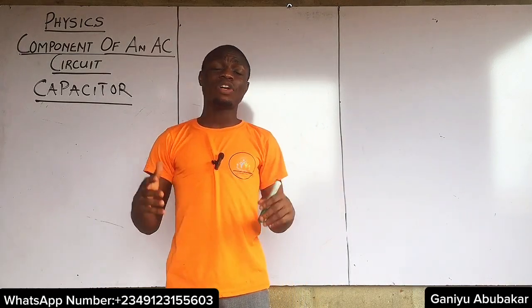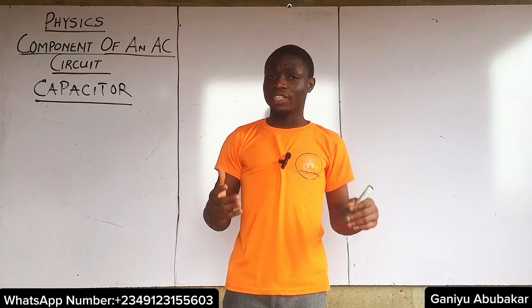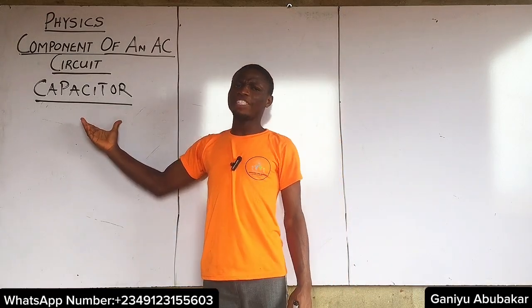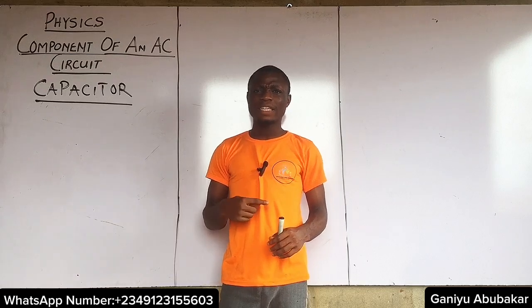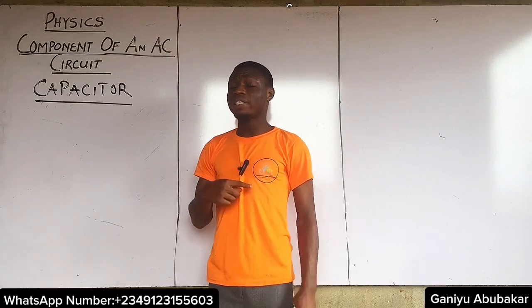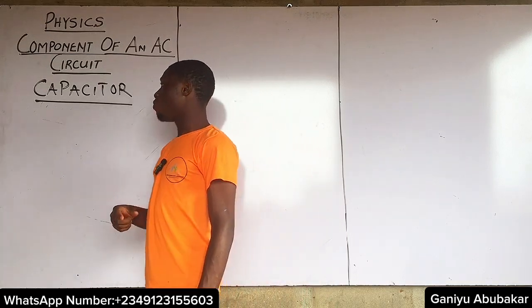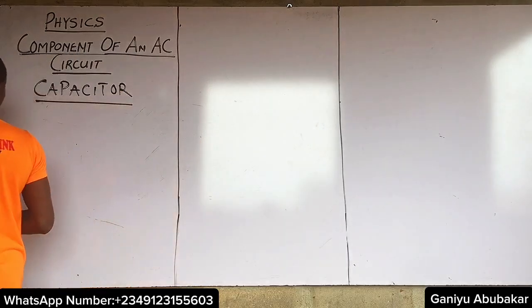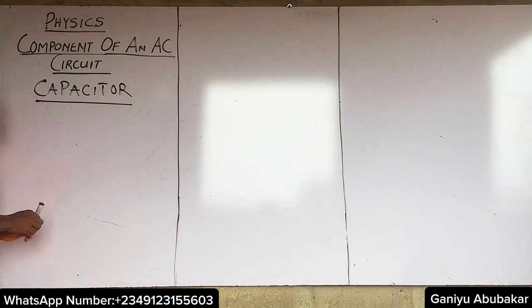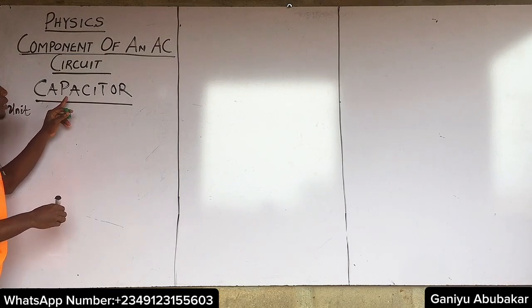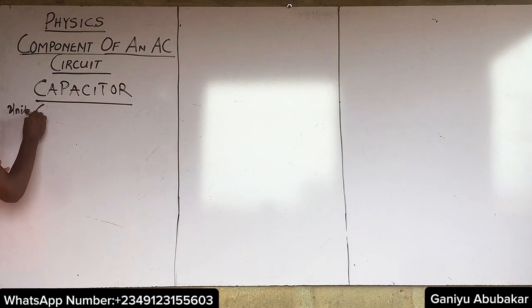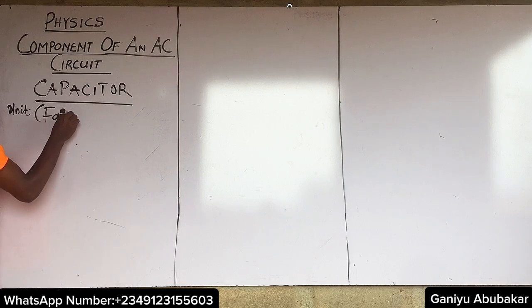When it comes to the study of capacitor, note that the capacitance of a capacitor is measured in farad. That is the unit. The unit for capacitance is simply the farad.